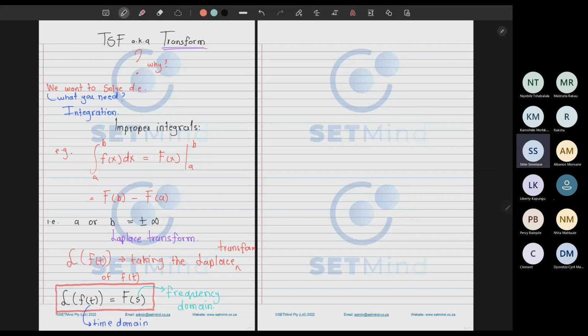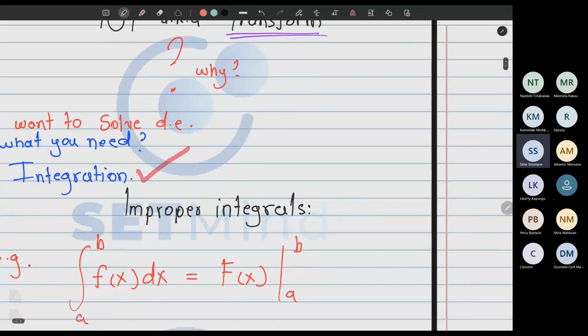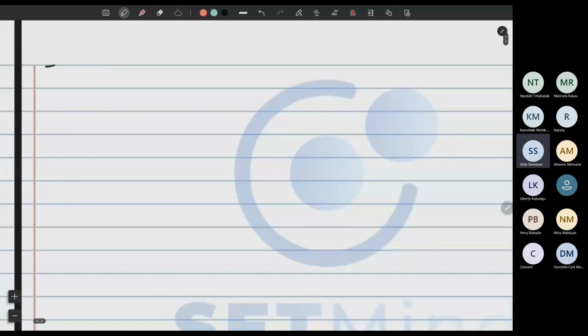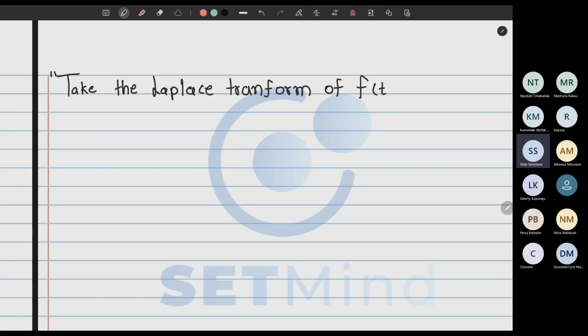So let's look at the definition, because we said when we deal with transforms, actually what we are doing is integration. So let's see how the integration comes into play here. If they are saying take the Laplace transform of f of t, all this means is we go here, we put f of t.